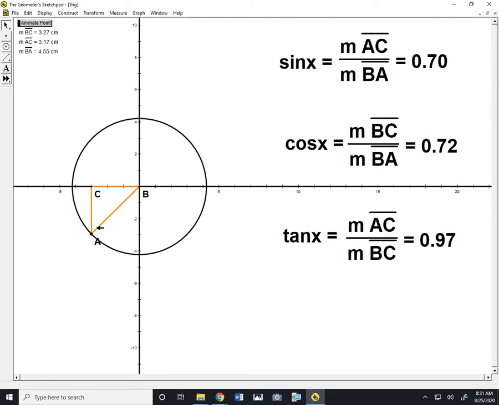When I rotate down into the third quadrant, now this opposite side will be negative. I can't show that on this software program, so it's going to still look positive over here, but the opposite is negative in the negative y direction. Remember, the hypotenuse is always positive no matter where it's at. So sine values would all be negative here in the third quadrant because the opposite's negative.